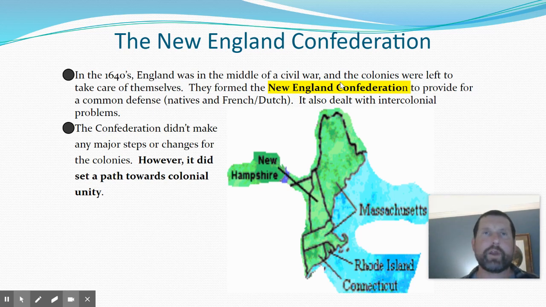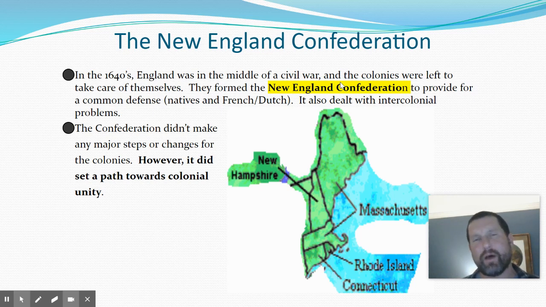Because what salutary neglect is often like, hey, you just take care of your own. We can't be bothered. In the 1640s, the English were in a civil war, and the colonies were an afterthought. So, in order, as I said, to provide a common defense against encroaching European nations like the French and the Dutch, or with the conflicts with respect to the Canadians, the New England Confederation forms.